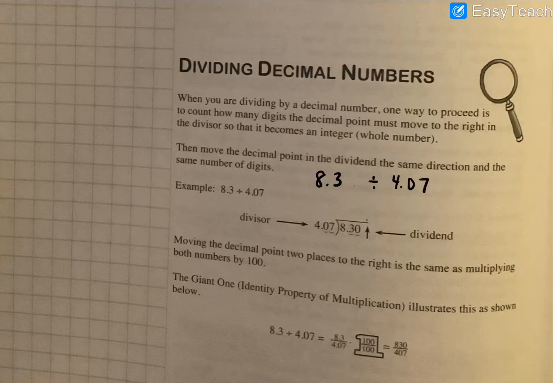Why don't I multiply this by 100 or move the decimal over 2 places? But if I do that, I've changed this one as well. So it basically turns into 830 divided by 407. So this problem and this problem are exactly the same thing. We just rewrote them to make it a little bit easier.